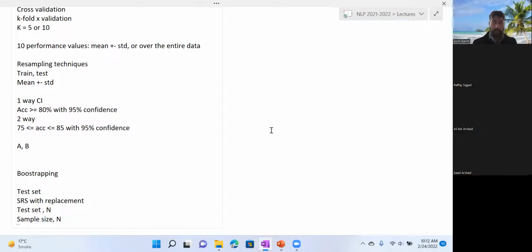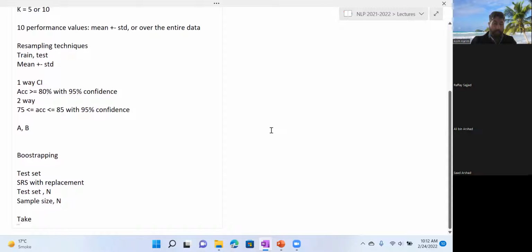So there is a chance that some samples might be taken more than once, and some might be dropped out or not taken in any particular sample. But you do this for hundreds of samples, and then compute performance on each of them.